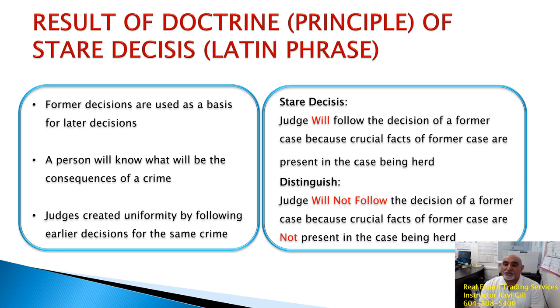So stare decisis, the judge will follow the decision of a former case because they are exactly the same facts in the case that he is hearing now. And distinguish is the opposite, and that is where the judge will not follow the decision of the former case because crucial facts of the former case are not present or are not the same.